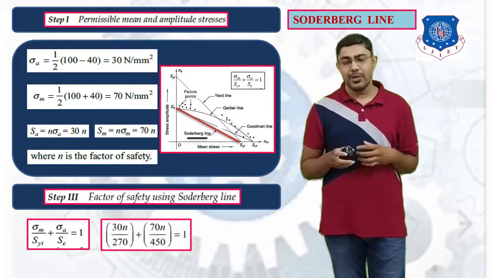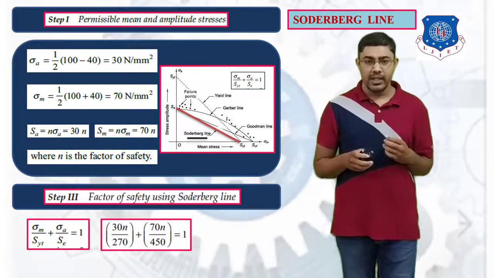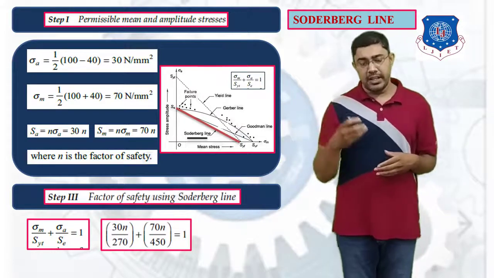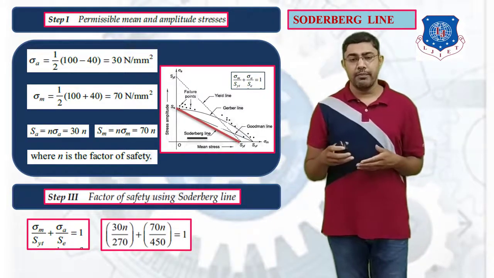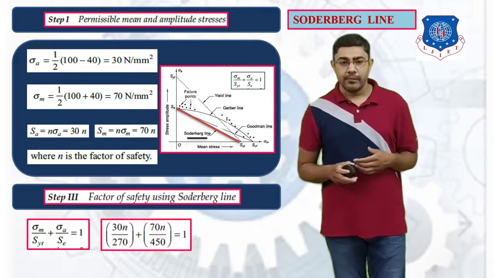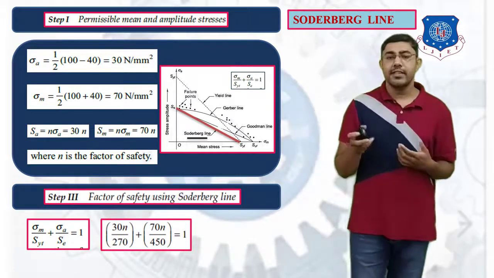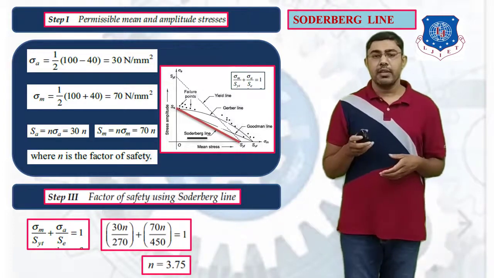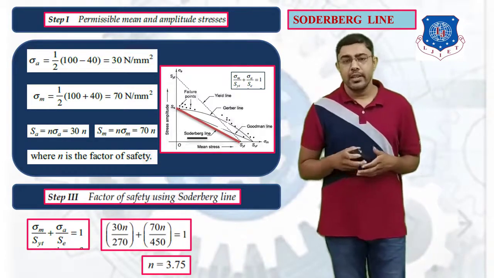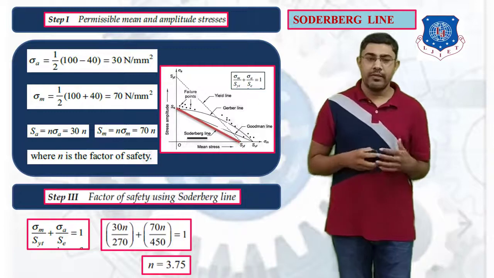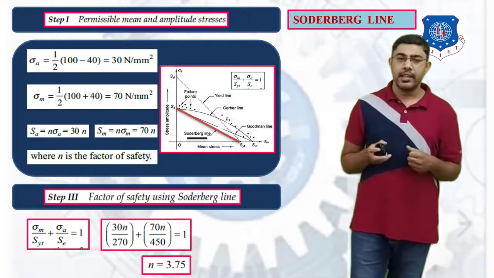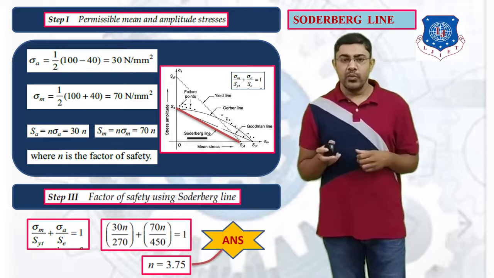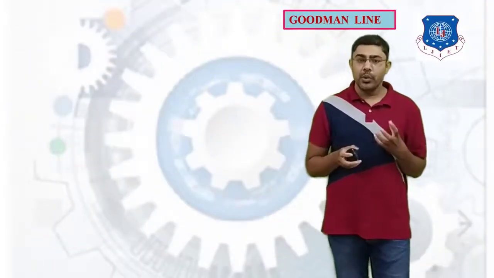So the Soderberg line equation becomes 30 n divided by 270 plus 70 n divided by 450 is equal to 1. Solving this, we get the factor of safety equal to 3.75. This is the factor of safety according to the Soderberg line theory, and this is the answer we want to find.